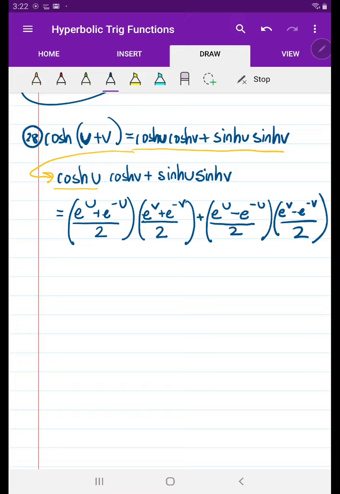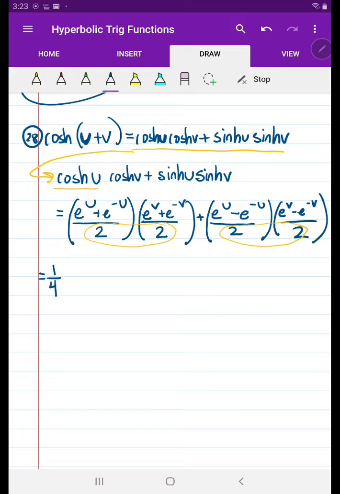And now, these denominators of 2, if we multiply them together, we'll get 4, and then I have a 4 over here, so I could factor that out. So my next step is to factor out the 1/4.